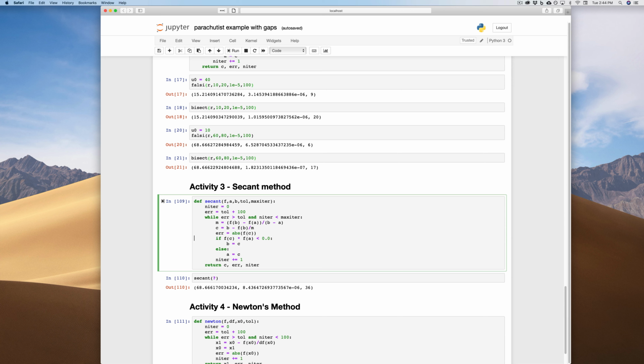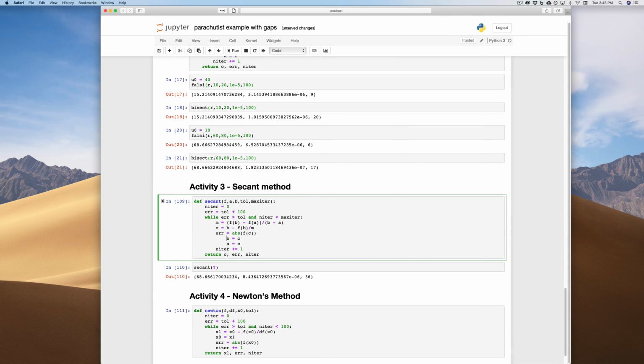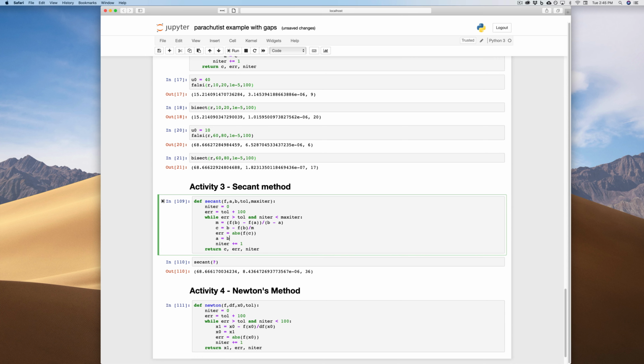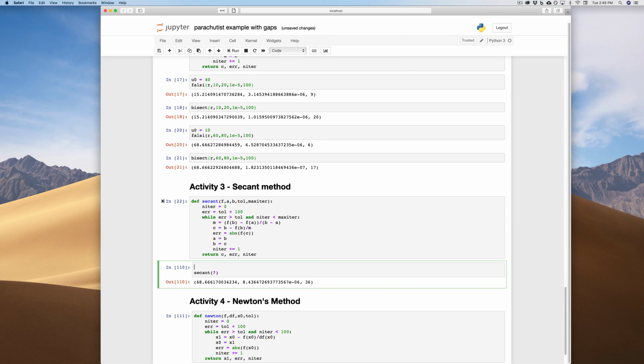There's a little mistake over here. You have to change this regula falsi condition over here, and then we make B the new A and C our new B, and then just simply run it. So we're going to run this for u0 equal 40 meters per second.